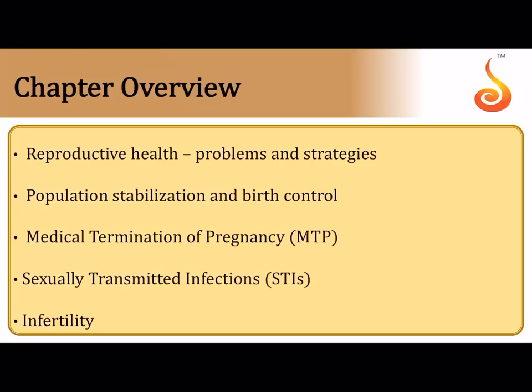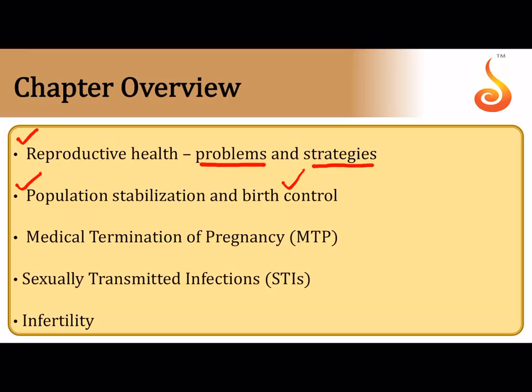What was the roadmap or the chapter overview? Now we have already discussed reproductive health, what the problems are and how the nation wants to tackle those problems, that is strategies, correct? Then we also learned about population explosion and how to stabilize the population, and one of the means is by advocating birth control options.